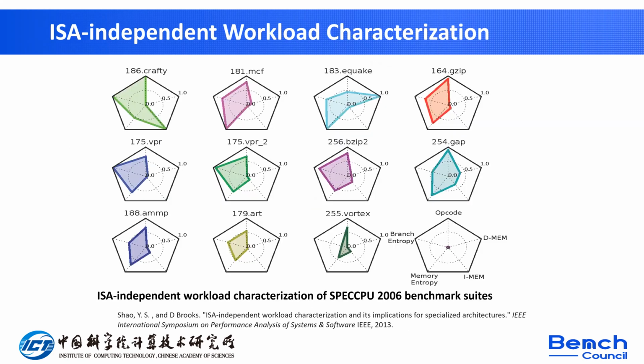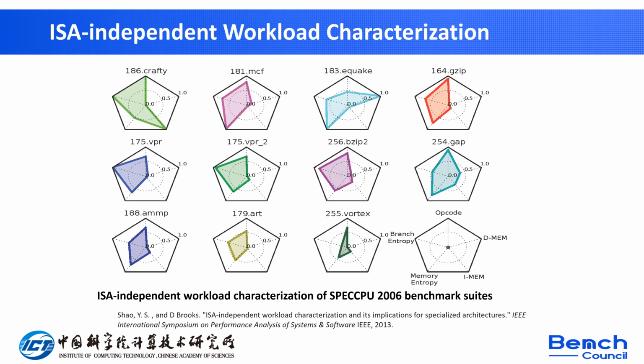So, to perform the ISA-independent workload characterization, we look at important intrinsic program characteristics relating to computation, memory, and control flow. The analysis is performed using a JIT compiler that emulates ISA-independent instructions.